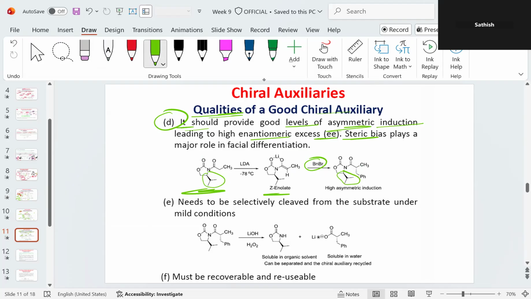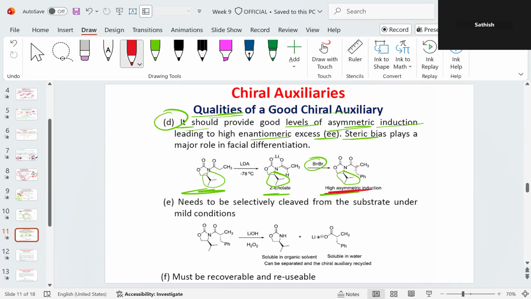This is how we need a good quality chiral auxiliary. In this case, steric hindrance is the parameter which governs the stereochemistry or the asymmetric induction. Therefore, we need as much steric bulkiness as possible so that we get high enantiomeric excess in the product formation.